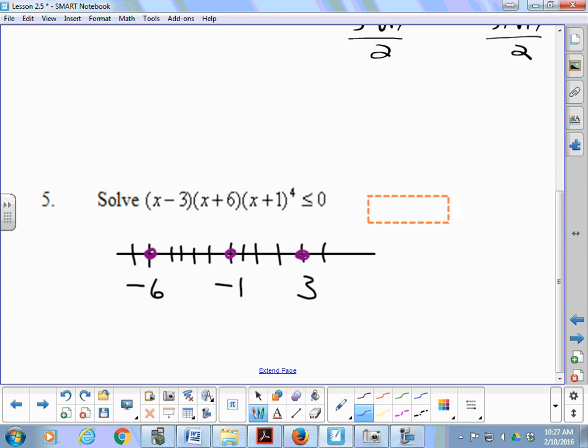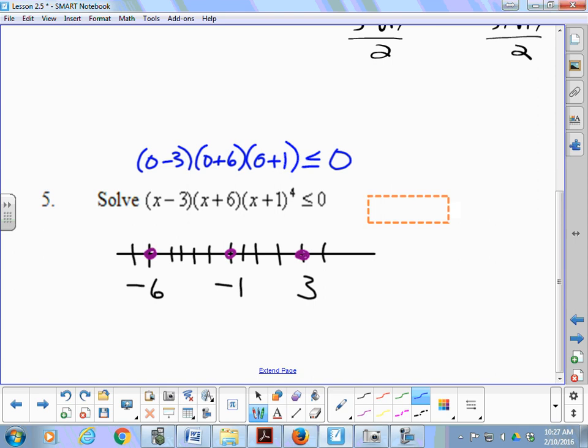Now, I'm going to check numbers between them and see if they work. What's my favorite number? 0. So we're going to try 0 first. And you don't have to do calculations, and I'll show you why. 0 minus 3, 0 plus 6, 0 plus 1, is that less than or equal to 0?